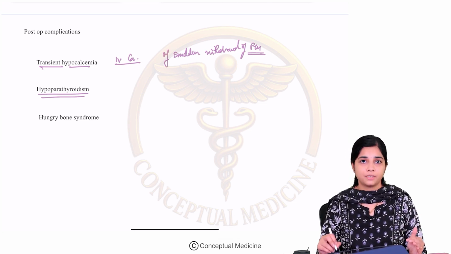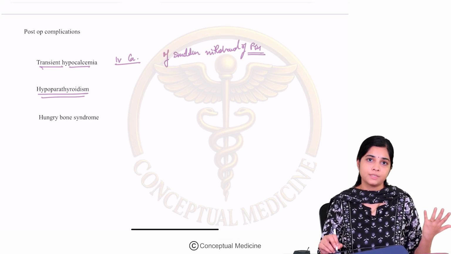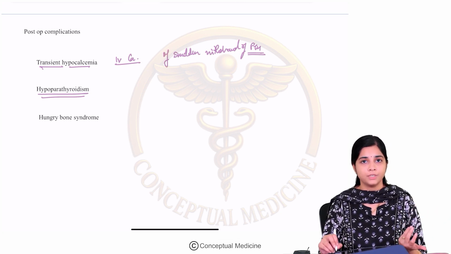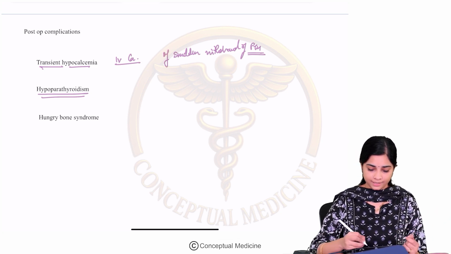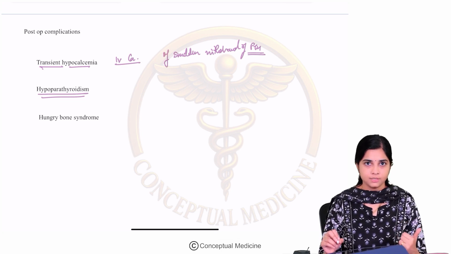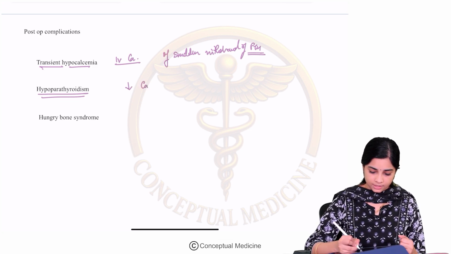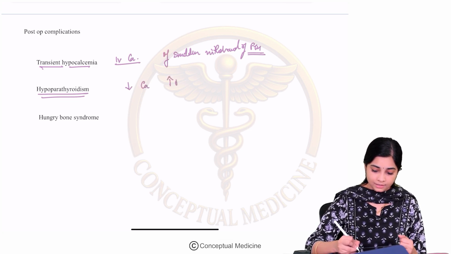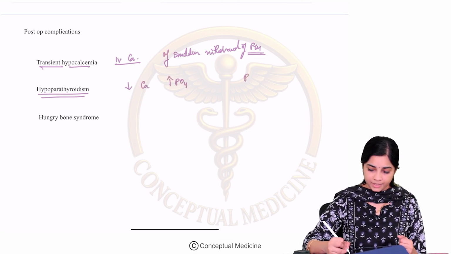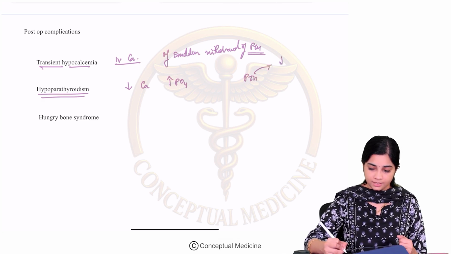Okay, fine. Now hypoparathyroidism: if you have done too much of a parathyroidectomy, and no parathyroid tissue is available, all of it is removed, then you can have a secondary hypoparathyroidism after the surgery, and this can cause a permanent hypocalcemia. It causes decreased calcium and increased phosphate. PTH basically helps in increasing the serum calcium and decreasing the phosphate.